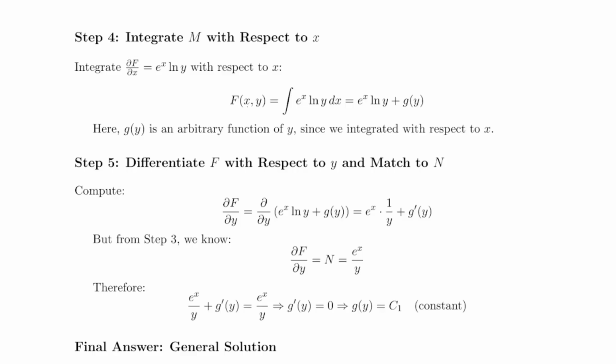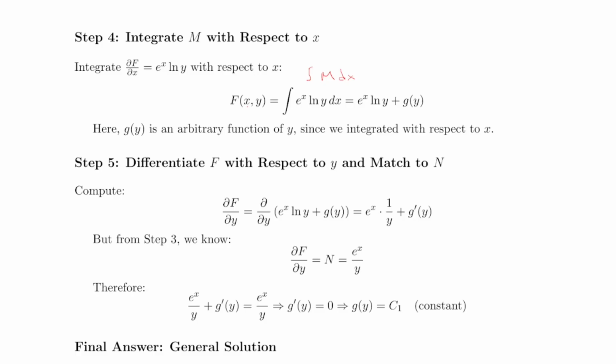So here we have the integral of M dx, which is the integral of e to the x times natural log y dx. When I integrate that, I get e to the x natural log y plus a function that depends on y. Note that this could be a constant or it could be something that depends on y. So the goal here is to match this up with the partial of F with respect to y to see what g of y could be.